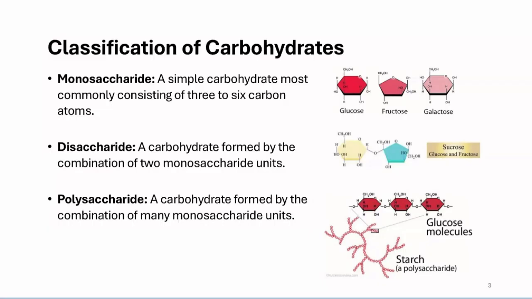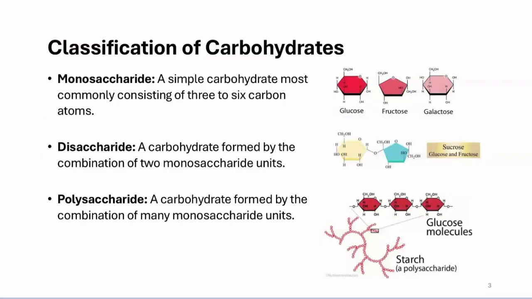Most monosaccharides have between 3 to 6 carbons, but carbohydrates can also have 7 carbon atoms or even 8 carbon atoms. So typically, to give the complete range, monosaccharides can have anywhere between 3 to 8 carbons in length. Some examples of monosaccharides include glucose, fructose, and galactose. Later in this chapter, we're going to learn some facts about those monosaccharides.